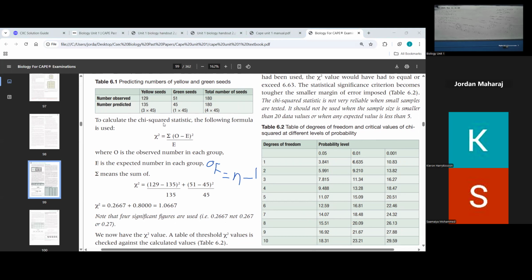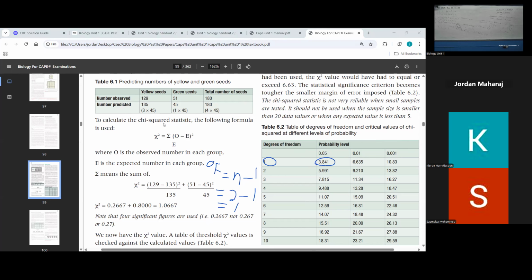So if you have 2 categories, it will be 2 minus 1. So you have 1 degree of freedom. Right, so what you're doing is you're going to the row with 1 and you're comparing it with the row right under the probability of 0.05 or 5%. And that is the probability value that you're looking at.